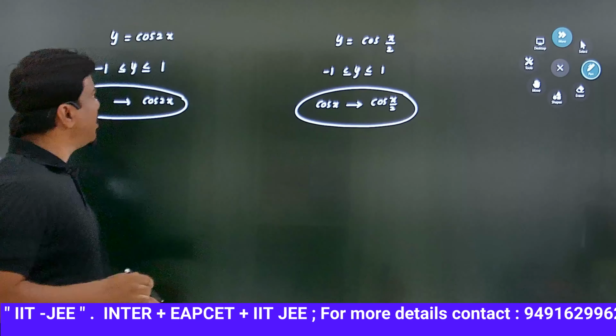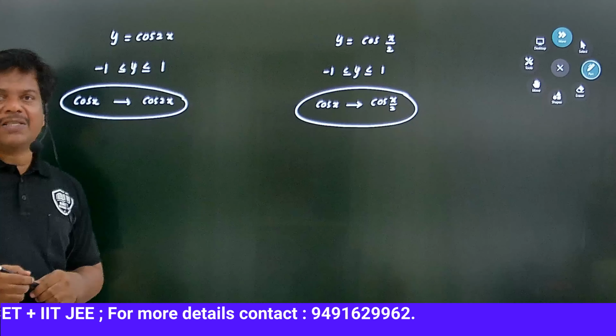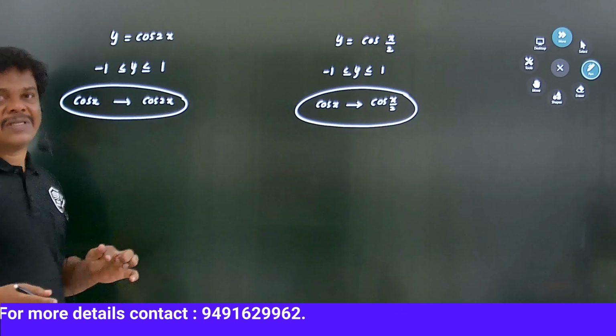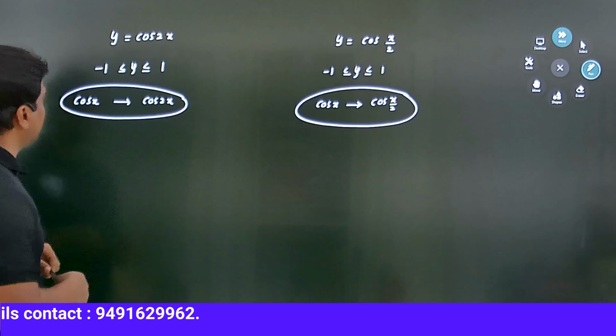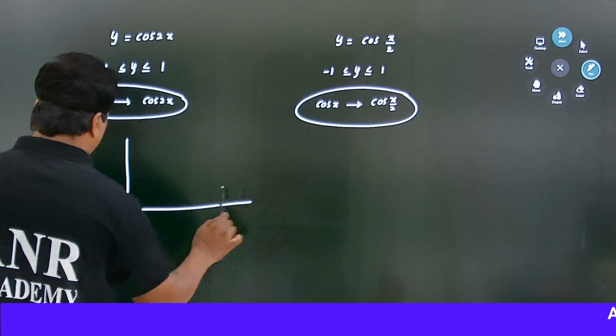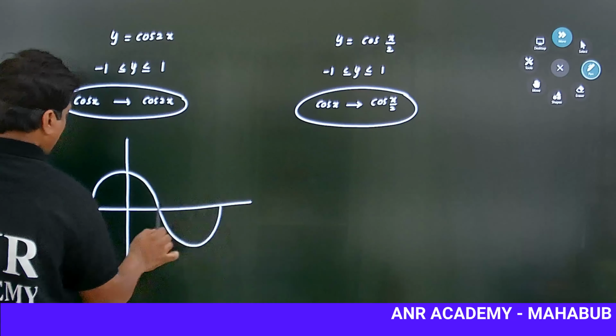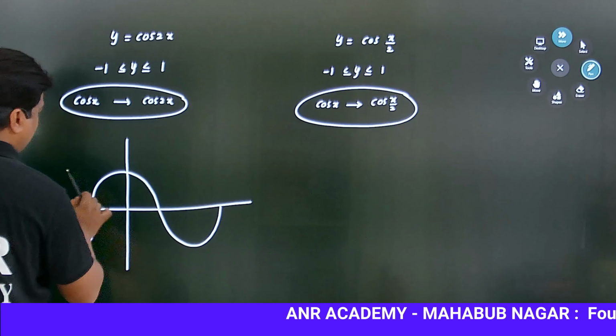What we discussed: whenever f of x transforms to f of kx, you have to shrink the graph k units towards x directions. First, draw the graph of cos x. You know that this is the graph of cos x.